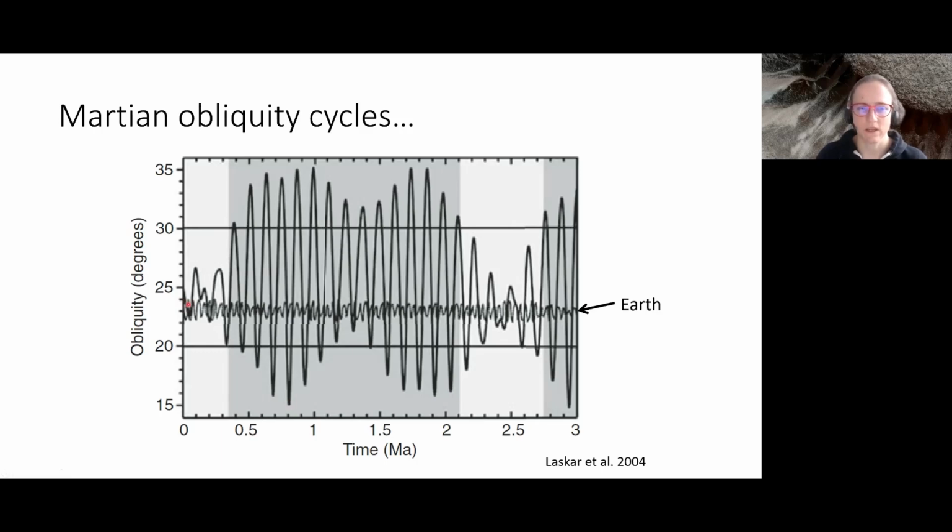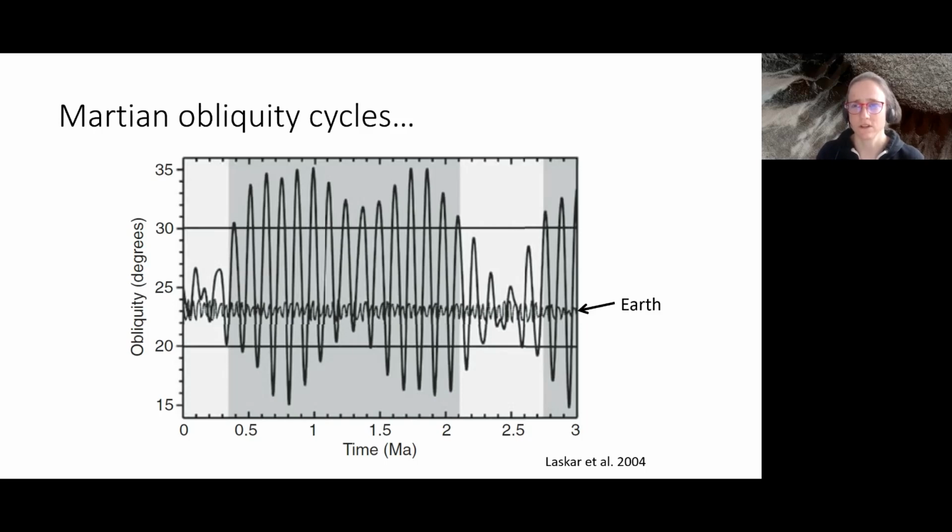Now, if you think the axial tilt variations on the Earth, 1 or 2 degrees, actually lead to glacial and interglacial periods, so huge swings in the stability of liquid and solid water across the surface of Earth. And on Mars, we can imagine that with such huge shifts in obliquity, this would also have enormous implications on the stability and distribution of ice and water across the surface of Mars.